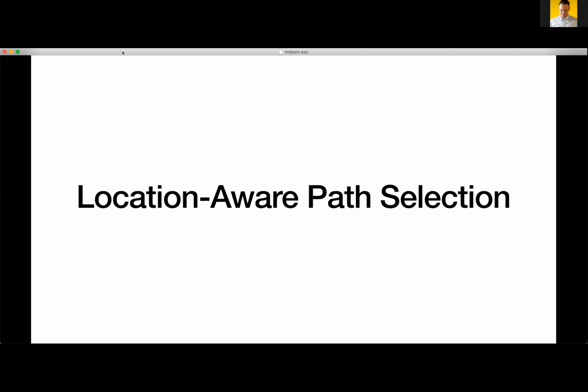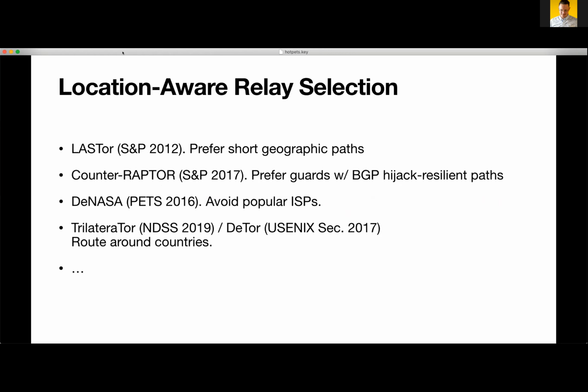It could mean either the location in the world, or it also could mean their location in a network. And there have been a lot of works exploring location-aware relay selection, probably over a decade of research, and we can do some really cool things with it. Like the idea I was exploring just a moment ago is really a simplified version of a system called LastTor, which does this exact thing.